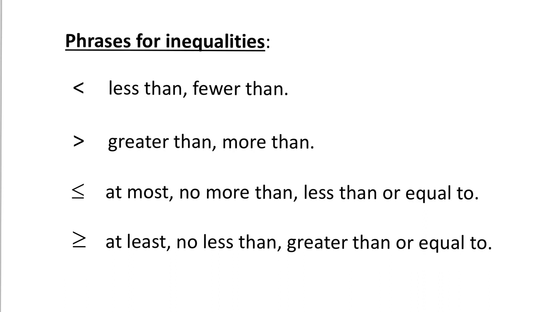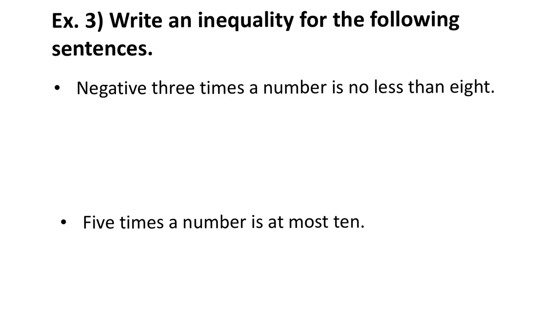So let's try an example. We want to write these sentences into an inequality. So let's just read the one on the top, the first bullet. It says -3 times a number is no less than 8. So we have to know what is no less than, and we have to convert that into an inequality. So let's underline some keywords.